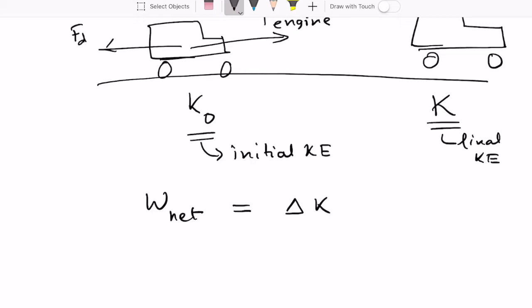And that is the statement of the work kinetic energy theorem.